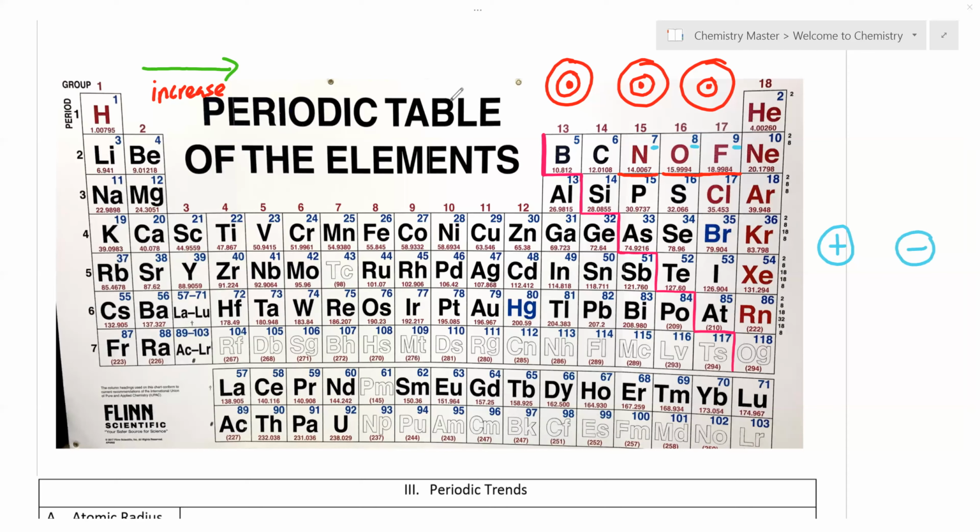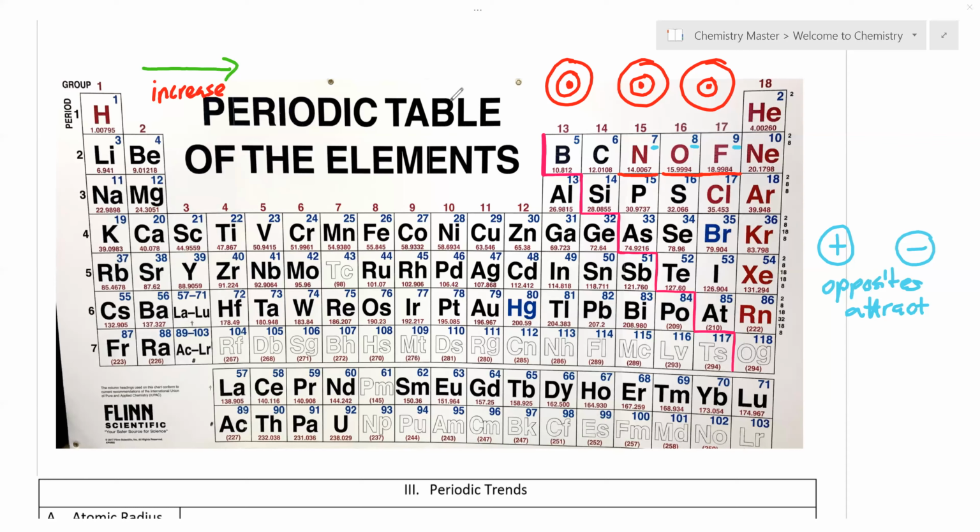The electrons don't fall into the nucleus, but they are attracted because opposites attract. That means the electrons for each of these would be attracted to the nucleus, which in some ways would bring those rings, or shells, closer.